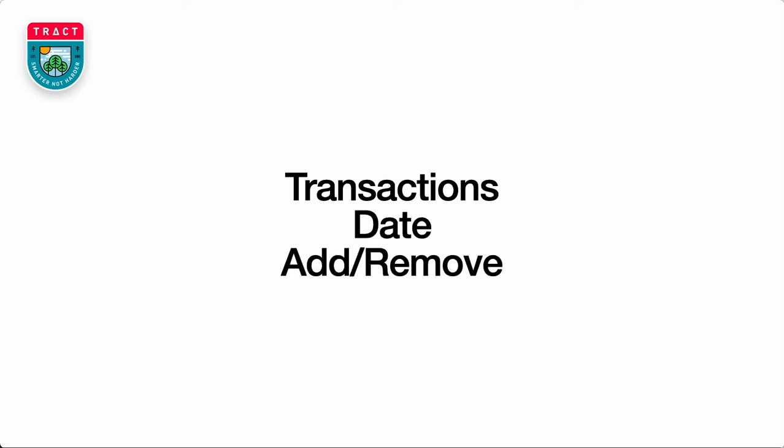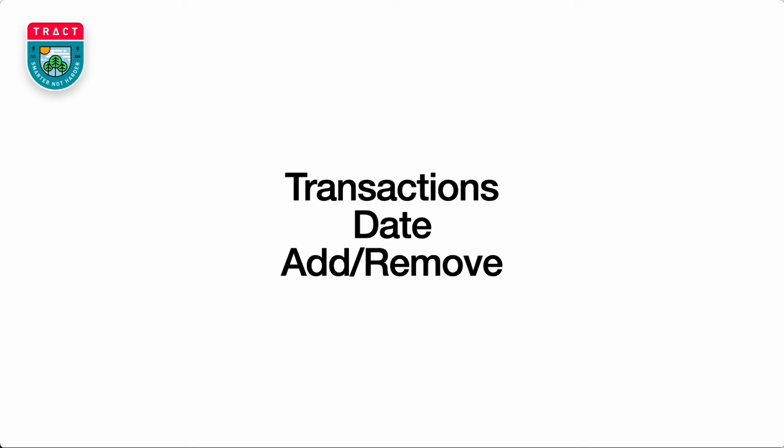Now let's take a quick look at transactions, because they're probably the trickiest of this to understand. Transactions are locked by date, but they're also locked by their parent, by their statement, invoice, or reconciliation. And so that means they basically have two sets of rules.